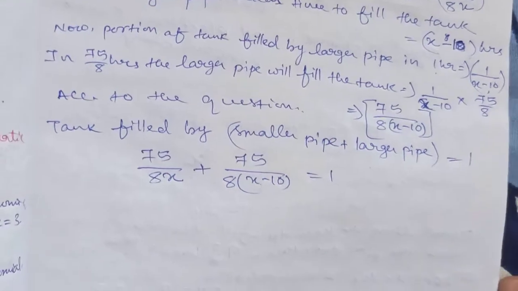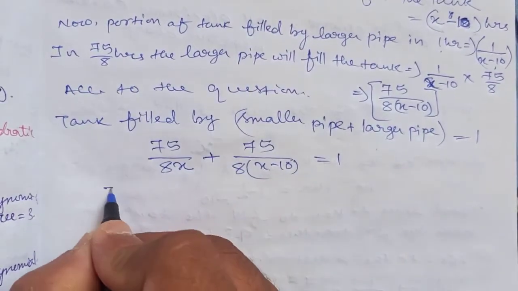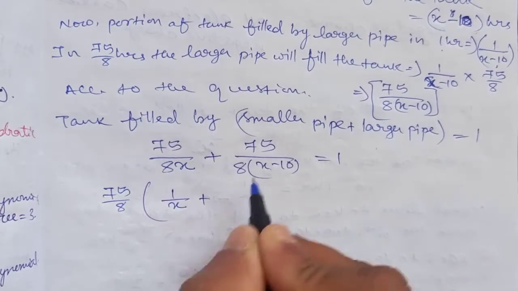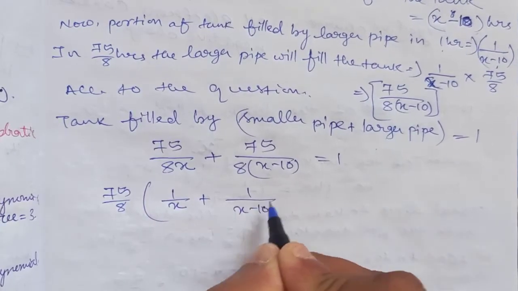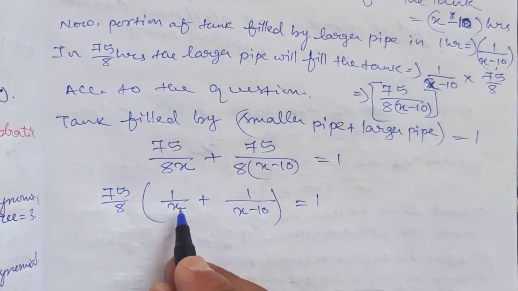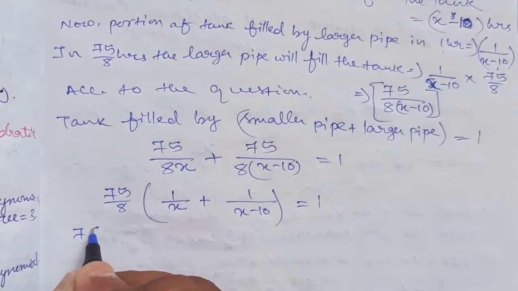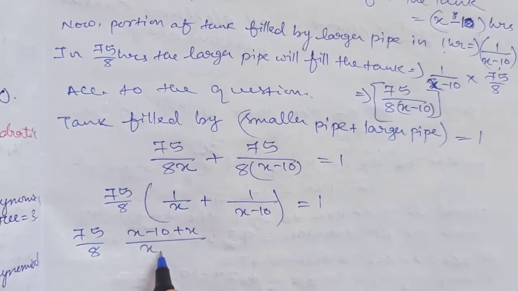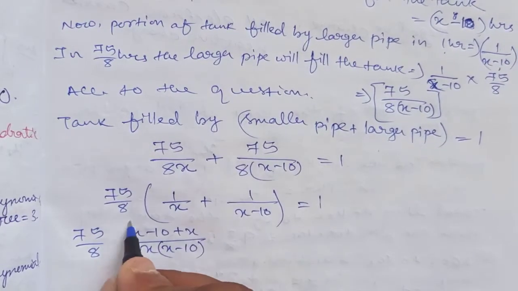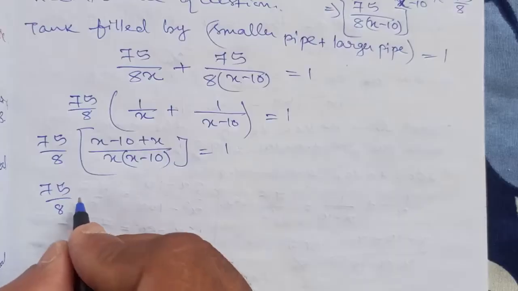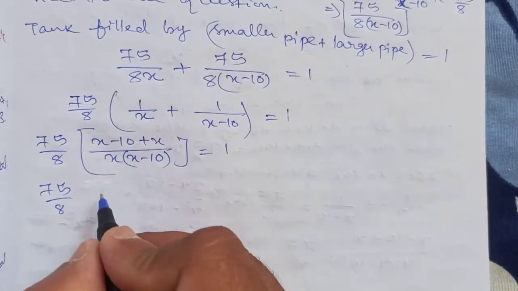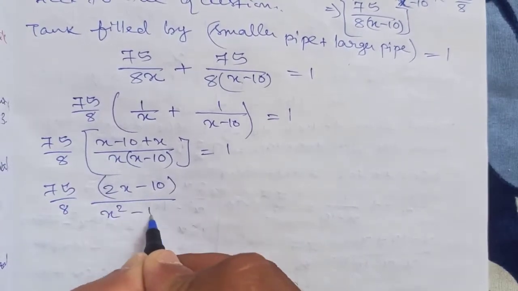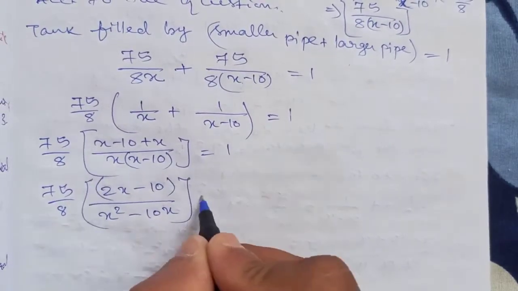Now take out 75/8 common, we get 75/8 into (1/x plus 1/(x minus 10)) equals 1. Cross multiply: 75/8 into (x minus 10 plus x) over x(x minus 10) equals 1. x plus x is 2x minus 10 over x squared minus 10x equals 1.